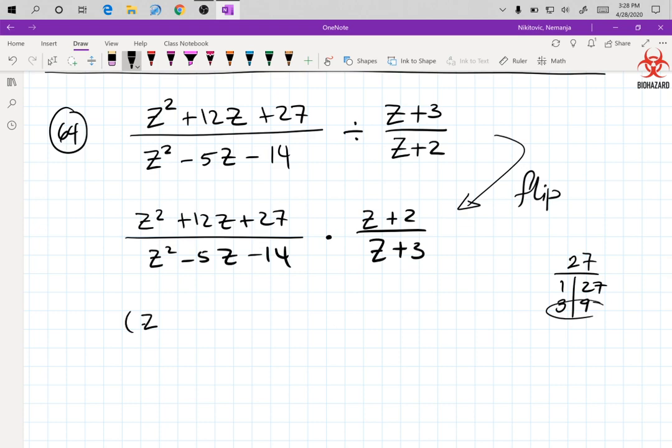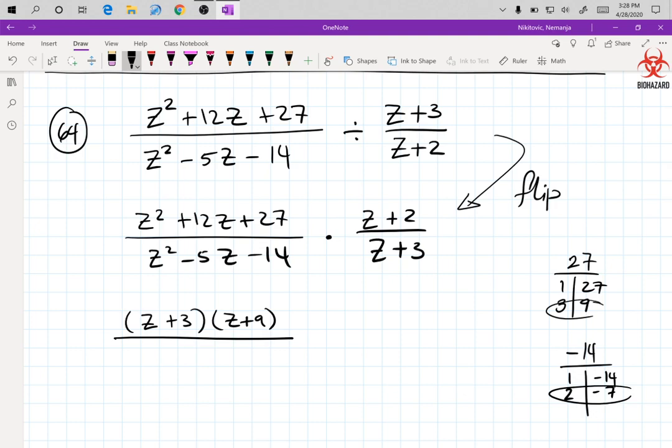We have z plus 3, z plus 9 divided by, and now I need negative 14. That's going to be 1 and negative 14, 2 and negative 7, nothing else divides. I need negative 5, well that's this, which is great. So I have a z plus 2, a z minus 7, and then I have z plus 2 over z plus 3.